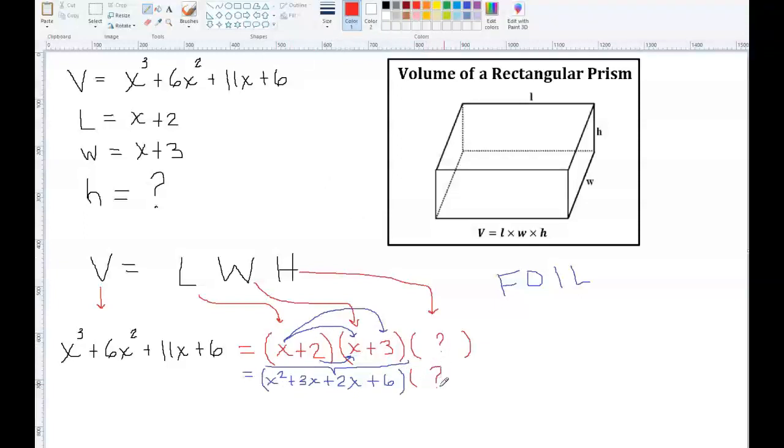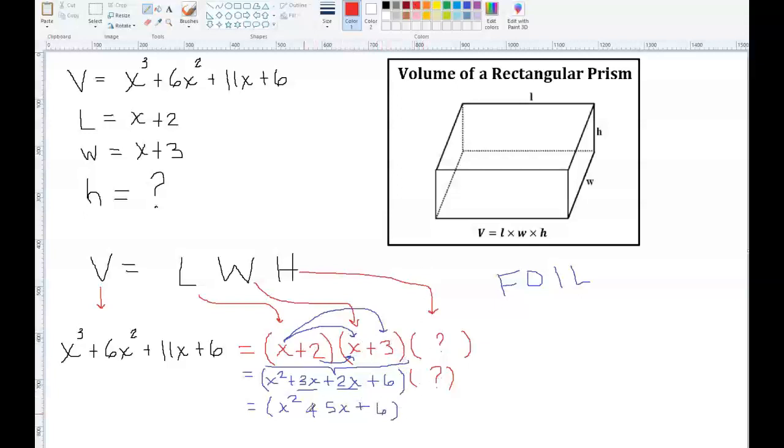That's the goal. We want to find it. However, I noticed that in this first parenthesis in blue, I can simplify. The two terms in the middle can be combined. So I'm going to have x squared plus 5x plus 6.